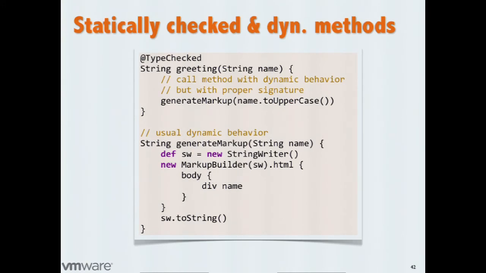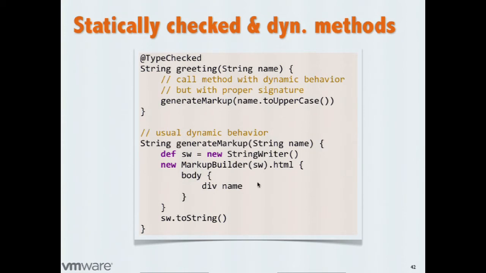I mentioned that you should be using TypeChecked on Groovy code which is actually not dynamic, because the compiler cannot really know what you're doing when you're using some specific dynamic features. For example, when you use builders for creating HTML markup, you can create html, body, div nodes which are dynamic method calls.